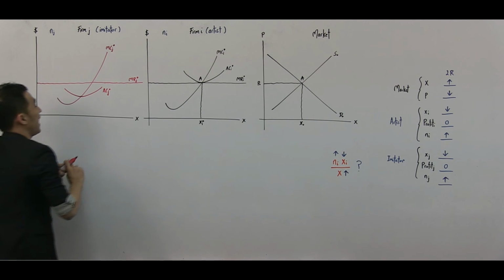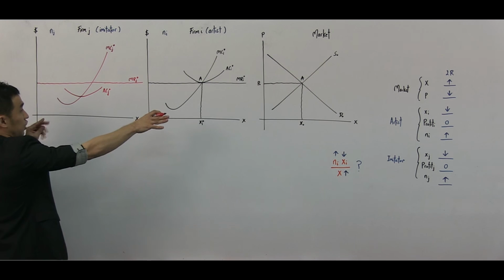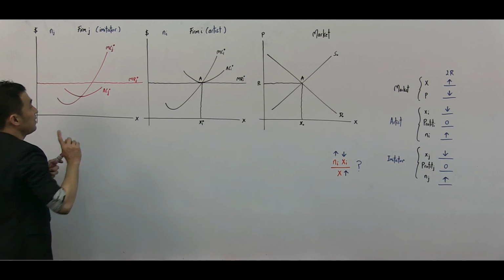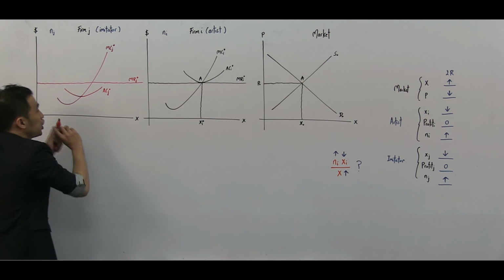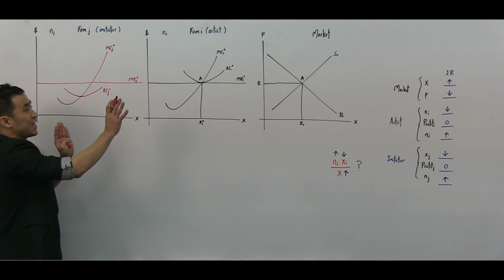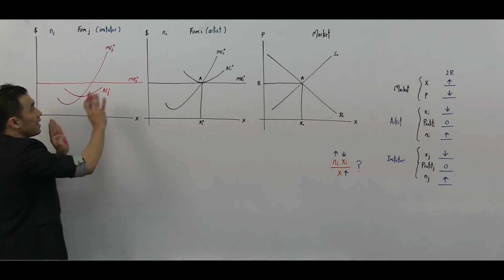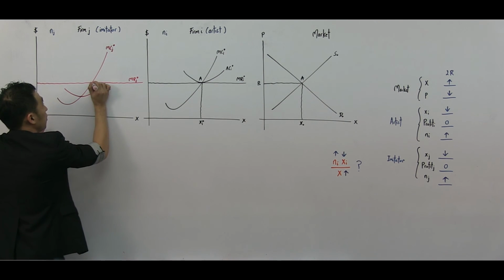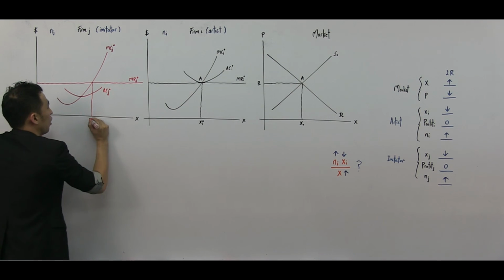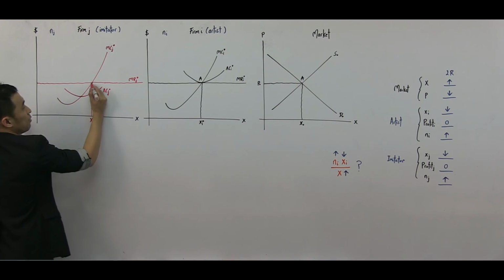Okay, but one thing now, when they come in, if there's no tax or fee or anything, like part A, they will produce where MR equals MC. They will produce at this point, point B. At this point, they will produce this output XJO, and they will enjoy per unit profit of so much.